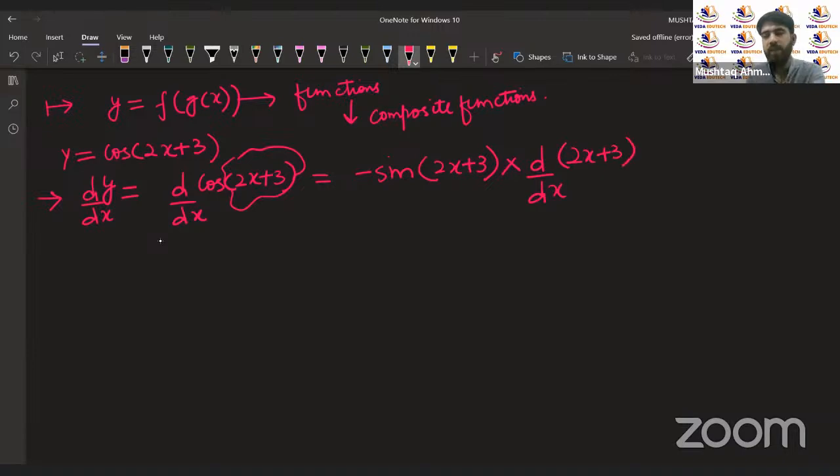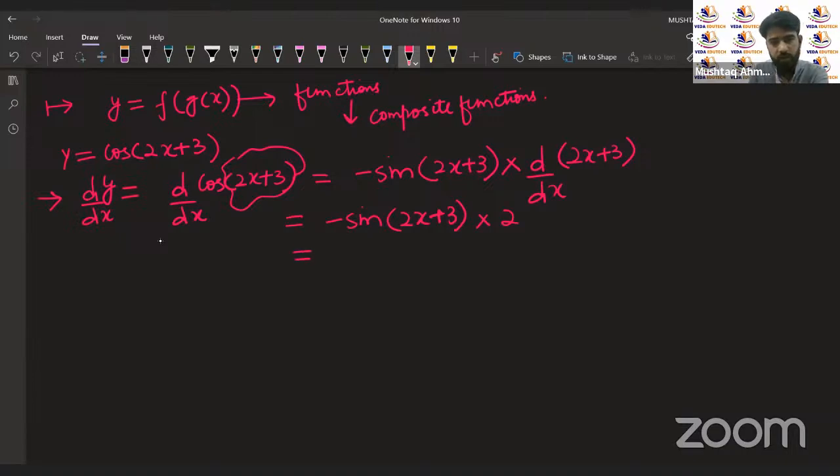And this will be the complete differentiation of a composite function. It will be minus sin of 2x plus 3, derivative of 2x will be 2, and the derivative of 3 here will be 0 because 3 is a constant, तो constant का derivative जो है वो 0 होगा.